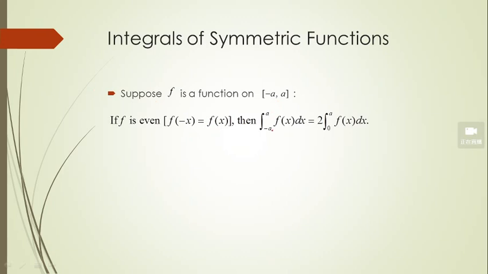Then the definite integral from minus a to a will be double the integral from 0 to a. If the function is odd, what does odd function mean? f(minus x) equals minus f(x). Then the definite integral from minus a to a will be 0 without any calculations.